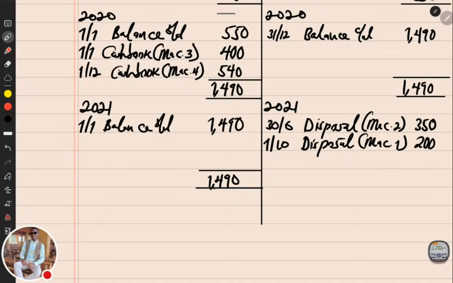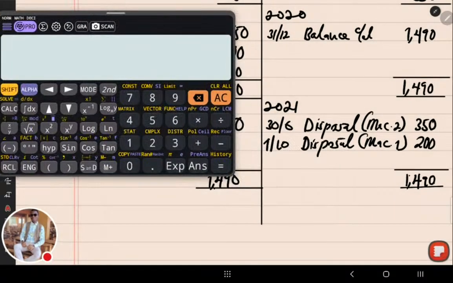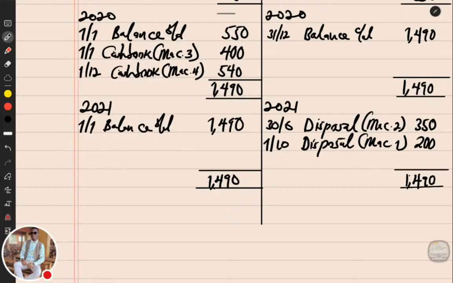The credit side to make both sides have a value of what? 1,490. So let's take note of that. 1,490. So what will be the difference generally there? So we'll have 1,490 minus 550. You get what? 940. And you are true.